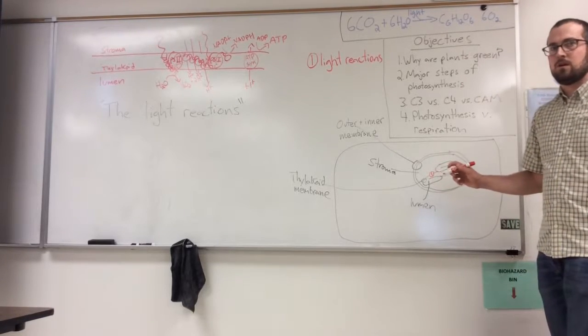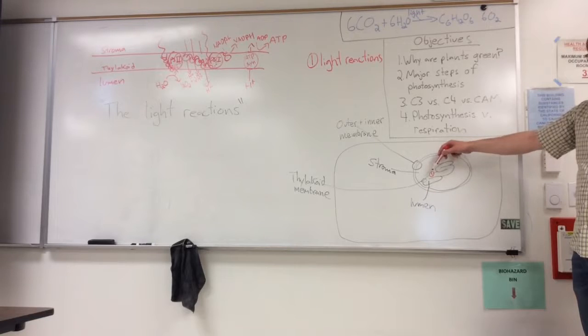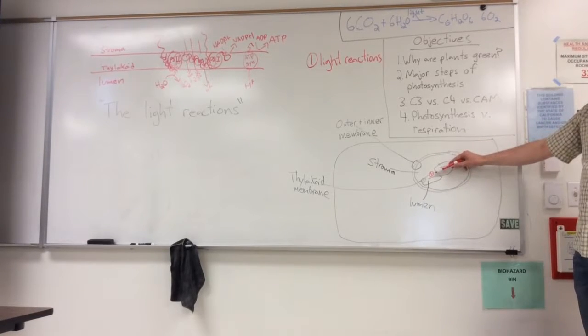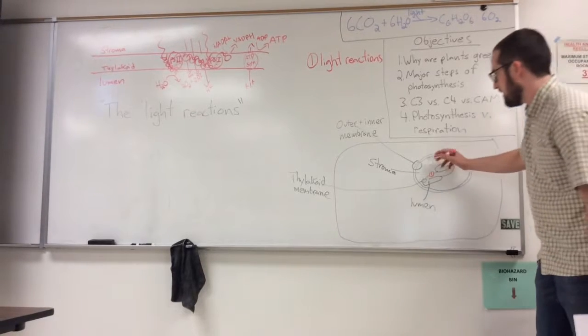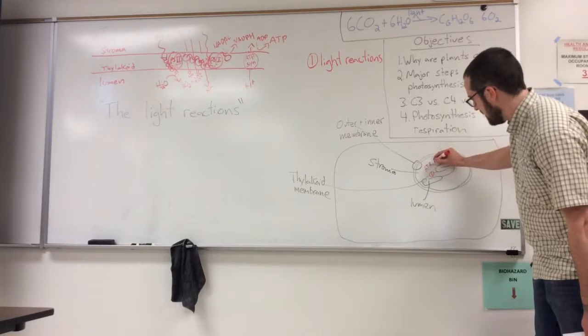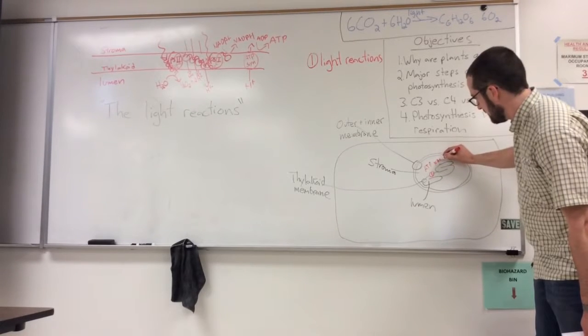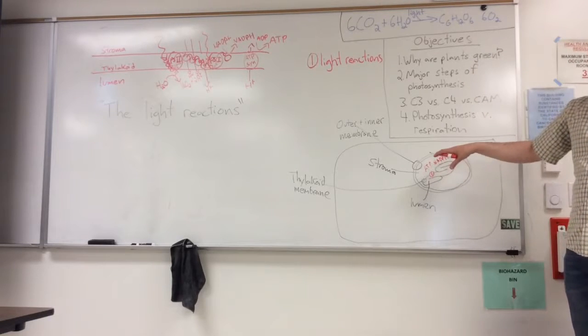So they're going to be pumping protons from the stroma into the inside of the thylakoid membrane, and then using those protons to create a buildup of both ATP and NADPH, which are going to accumulate in the stroma.